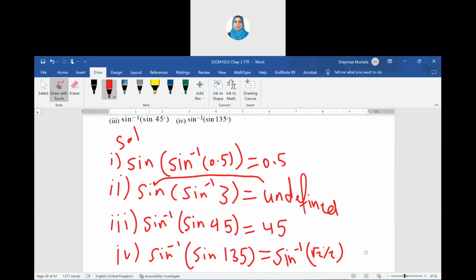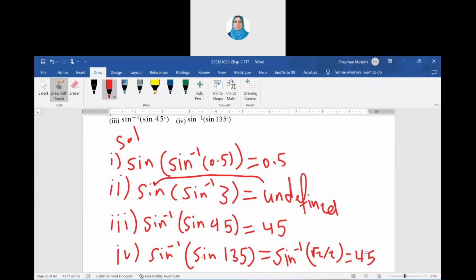This is a positive value. We have two angles whose sine is square root of 2 over 2. One is 135, the other one is in the first quadrant, which is 45. So I will choose the one that is within our range.